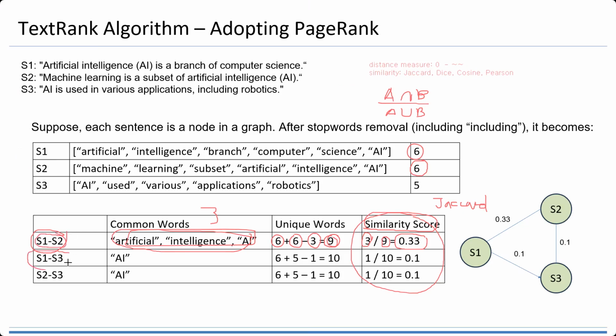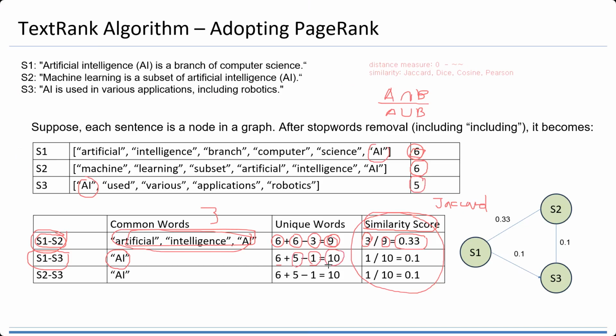For S1 and S3, we have only one common word, which is AI. We have six words in S1, and 5 words in S3, and only 1 word is common.